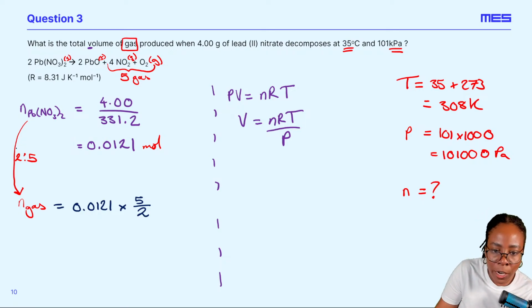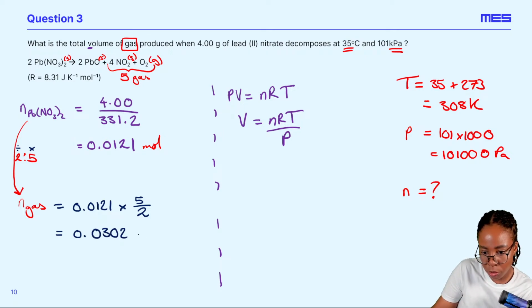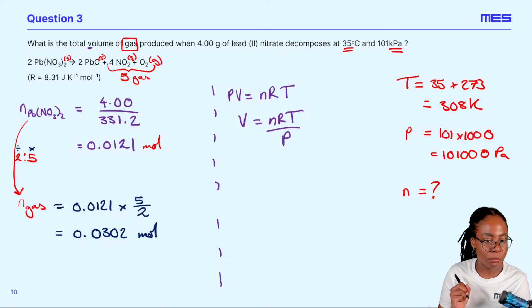We divide by the first one and then multiply by the second. Lovely. So we've got 0.0302 moles of gas.